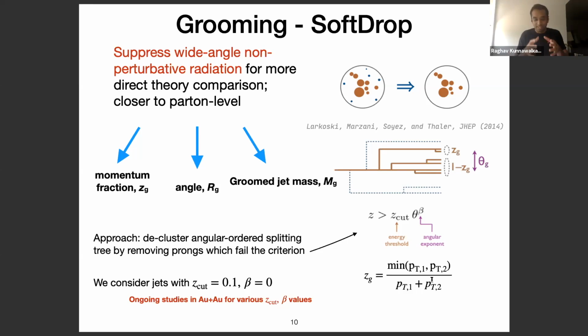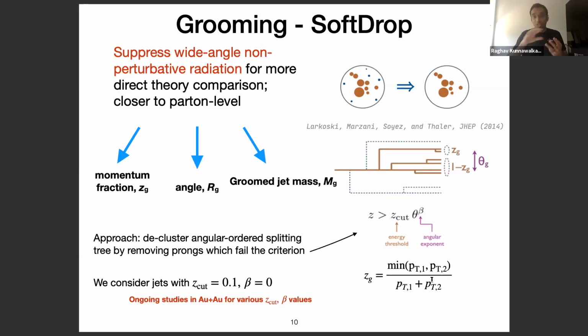So you have the hard scattering coming from your parton. The rest of the stuff is kind of grass. The grooming ideally tries to remove the grass. So when you do a calculation on a piece of paper, you can get back to the hard part. What grooming gives you is three observables.